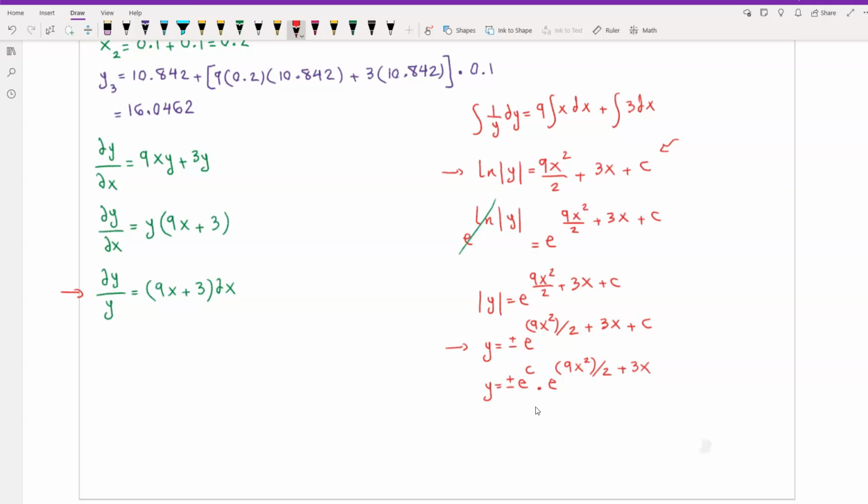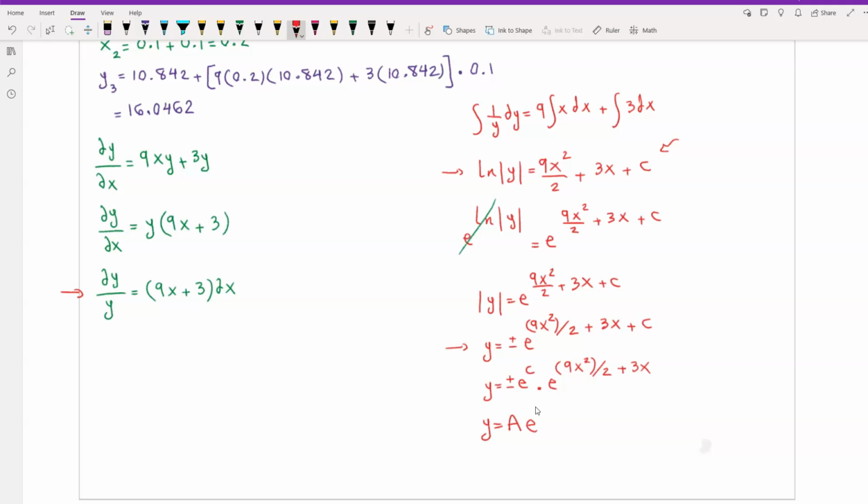So here replace negative positive e to the power c with another constant a, for example a, and then simplify. So this one, y equal to, so instead of negative positive e power c, I'm using a.